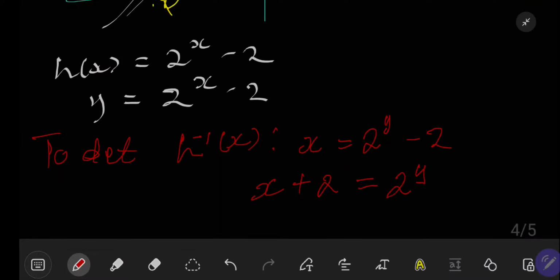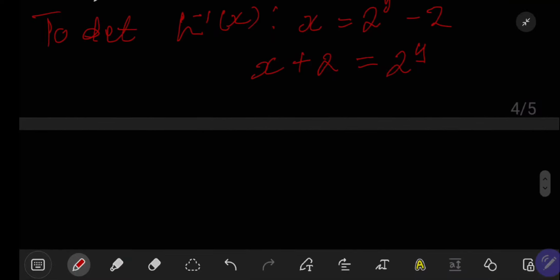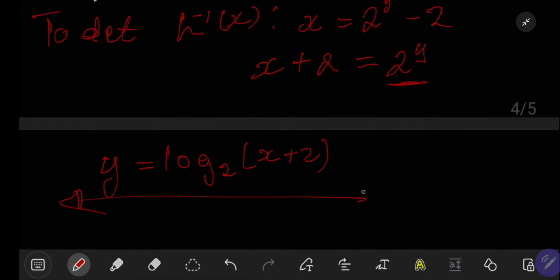Then can we solve for y here using the algebra that we know? The answer is yes, but we need to include something new, which is the logarithm. So our y value will be equal to the log to the base 2 of x plus 2. So this is the inverse of the exponential graph.